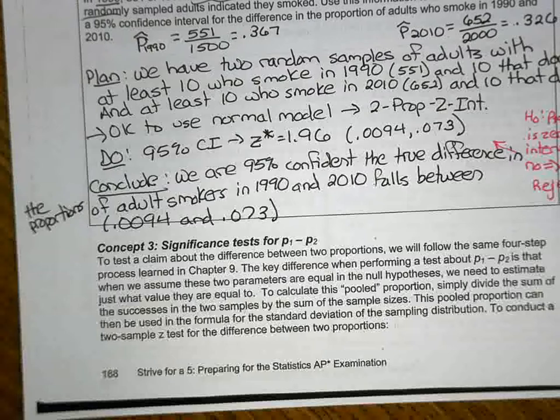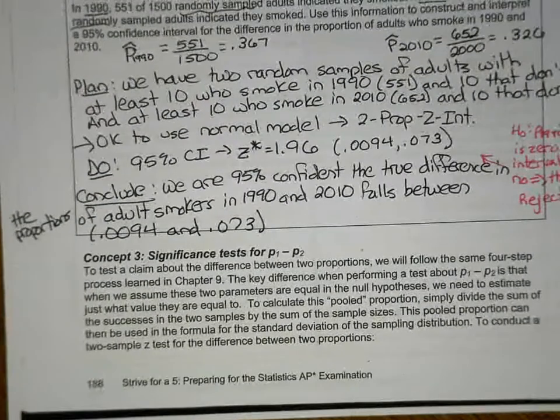Since it's totally above 0, that means that one group is possibly greater than the other.